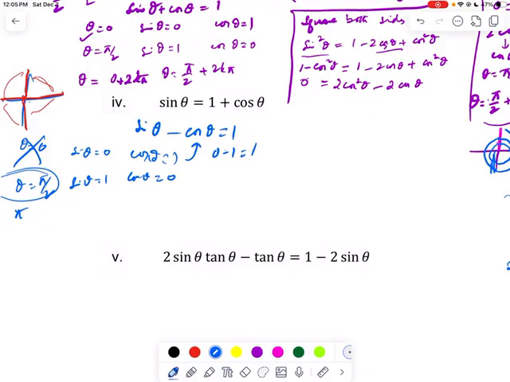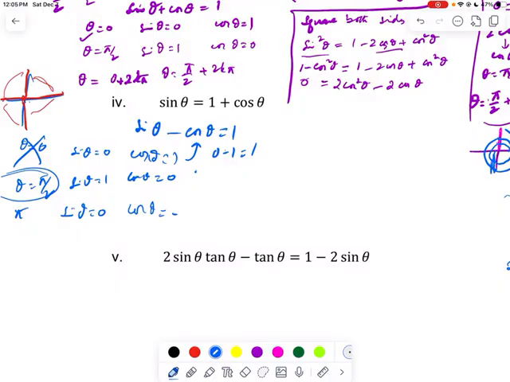So now when I plug in, sine of theta at pi is 0, and cosine of theta is equal to negative 1.